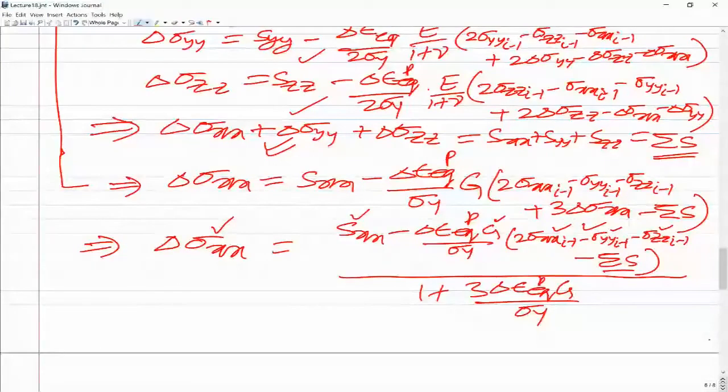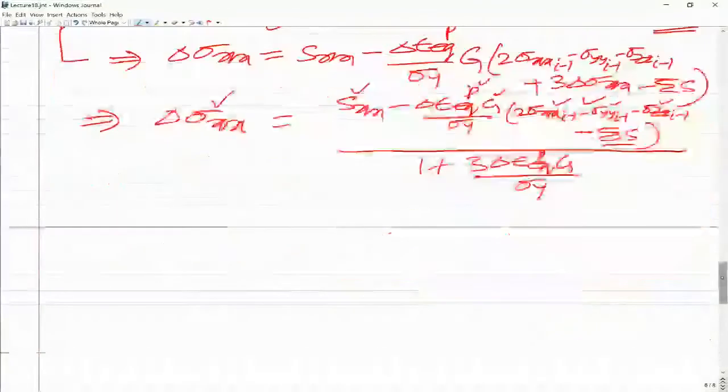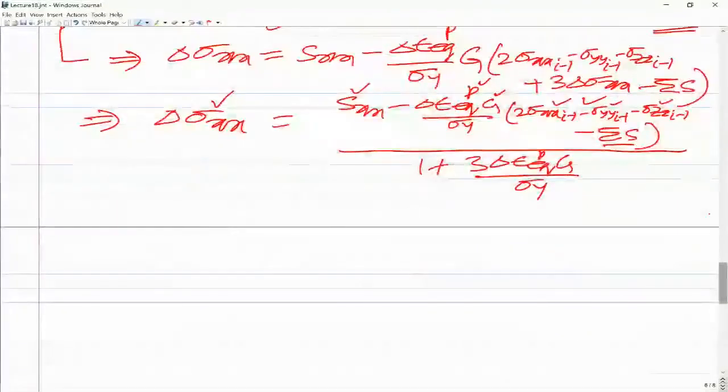So the only unknown is this delta epsilon equivalent p. And of course sigma y for isotropic hardening will also be a function of delta epsilon equivalent p. So ultimately everything on the right hand side is in terms of delta epsilon equivalent p. Through this we are able to express the stress increments in terms of delta epsilon equivalent p.